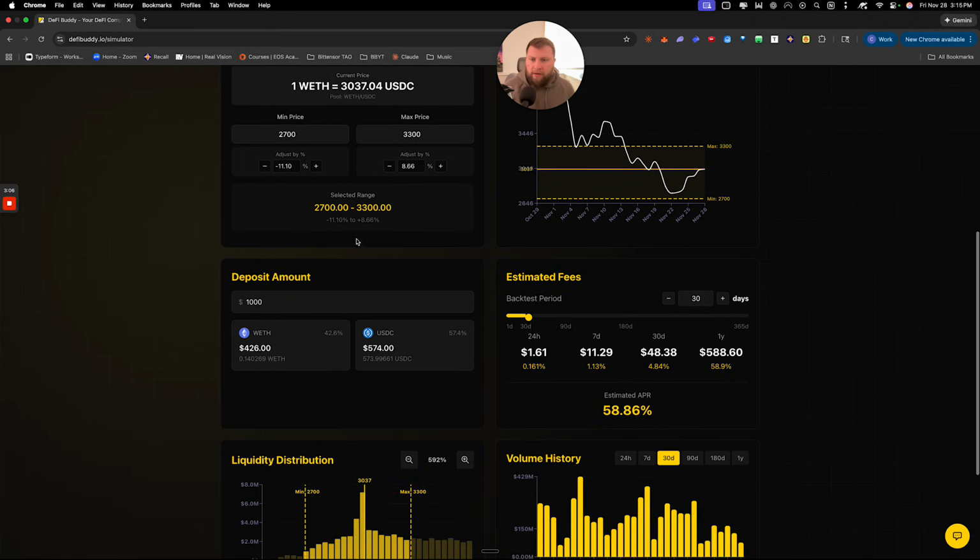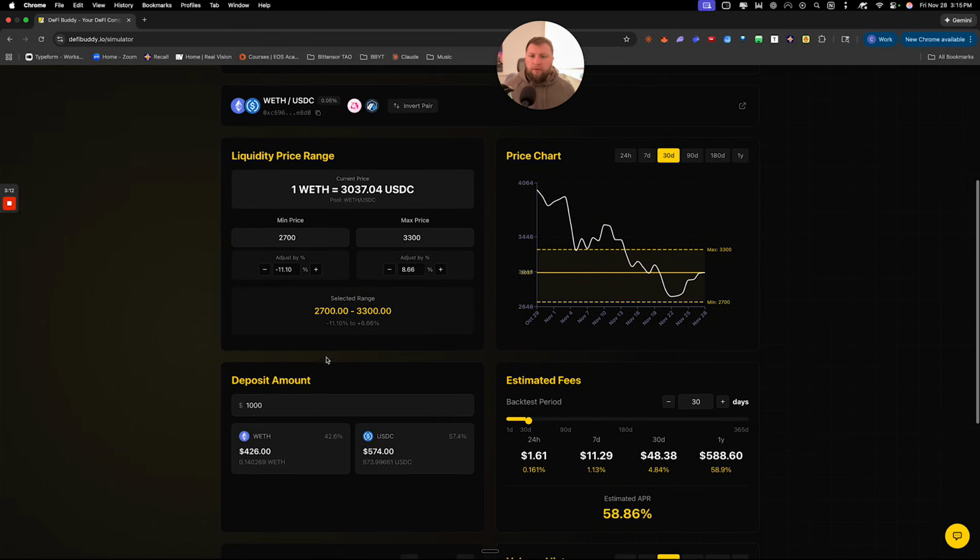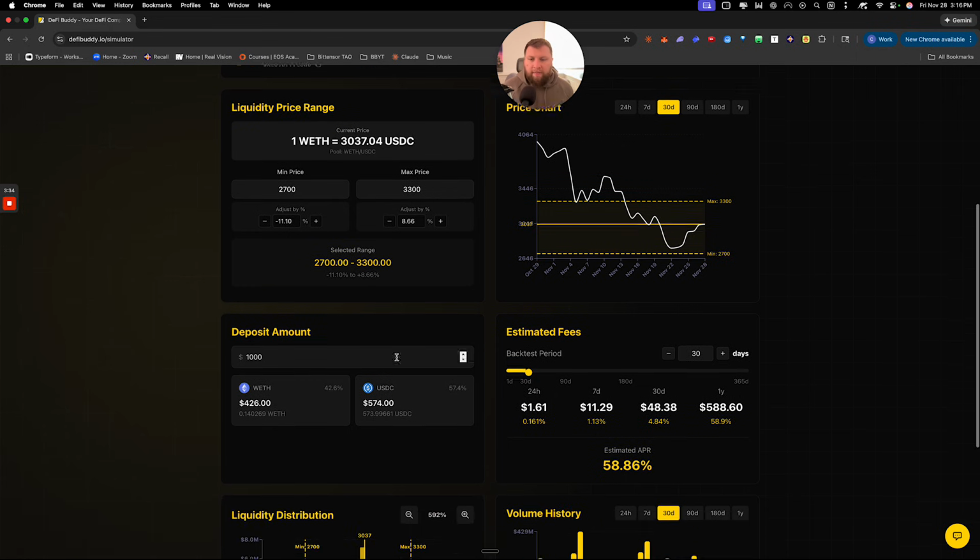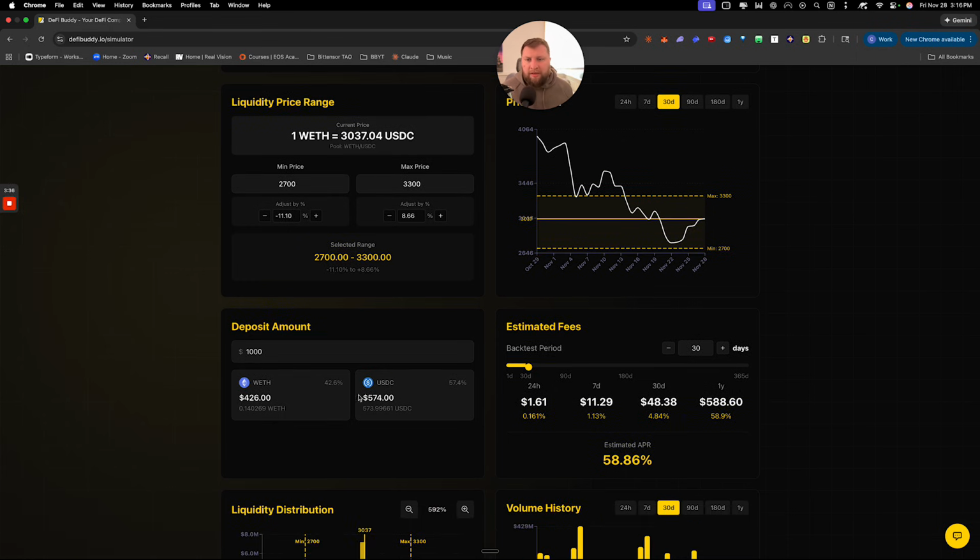That's step number one. Step number two is deciding how much capital we want to deploy into the pool. One thing to note, a little education lesson for you, is that the ratio of the two assets in the pool is going to depend on where the current price is in relation to the range you're setting. You can see that the current price is pretty close to right in the middle, but it's a little closer to the top side than the bottom side, and you can see that reflected down here in the ratio.